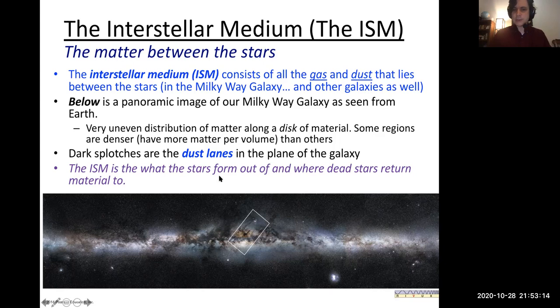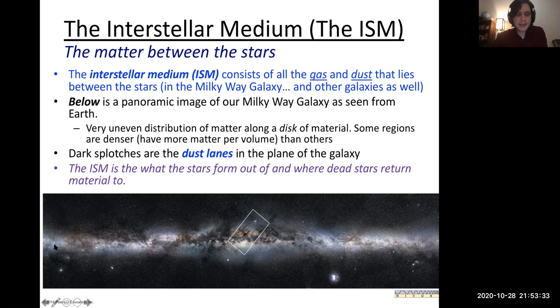Let's take a quick look and we can kind of see what's going on. We can take an inventory of everything that we have in, say, our Milky Way galaxy. Here we're seeing a panoramic shot looking down the disk of the Milky Way. Here would be the core of the Milky Way looking towards the supermassive black hole at its core.